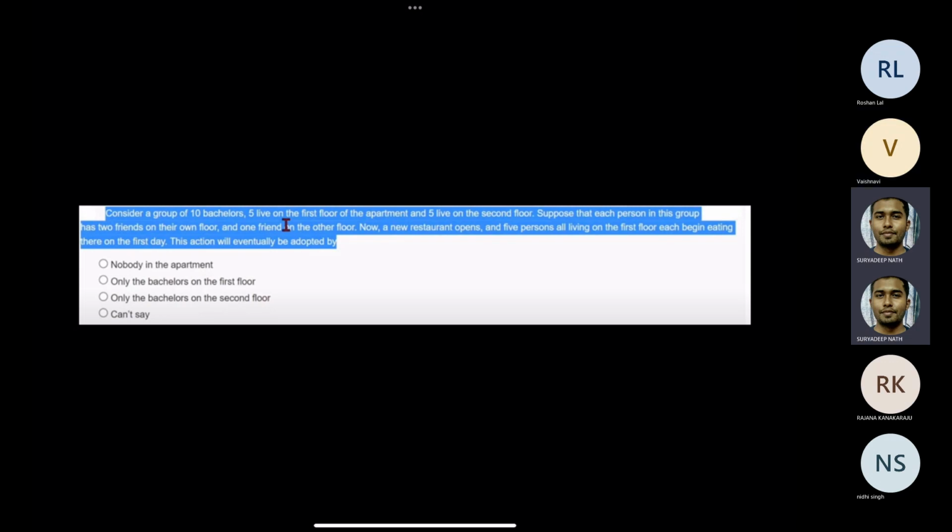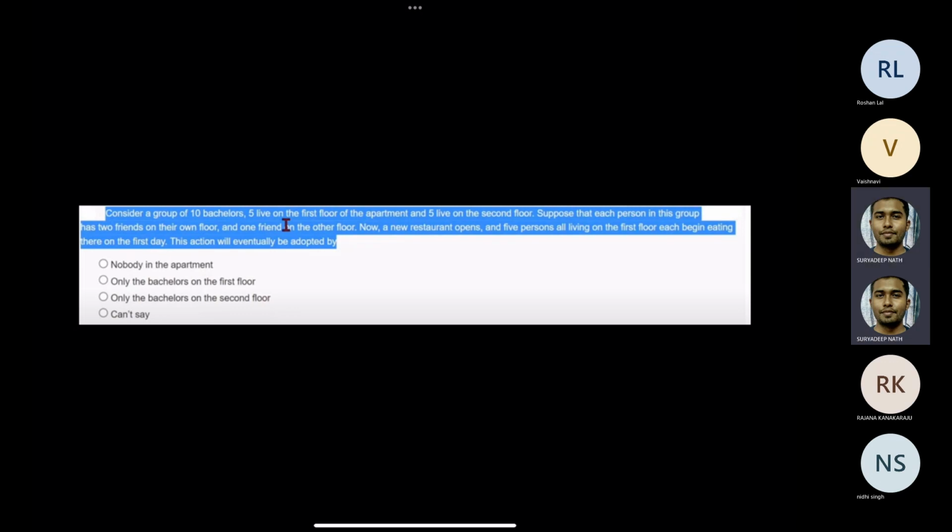So in the first iteration, the other floor members will obviously get influenced by the friends on the first floor, but you can't always say that.